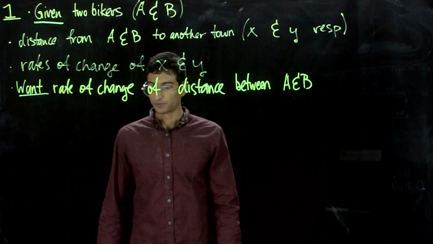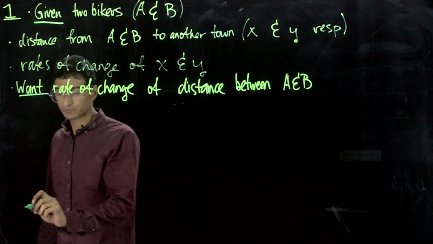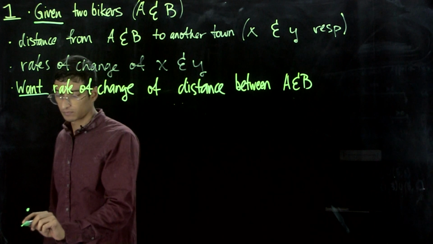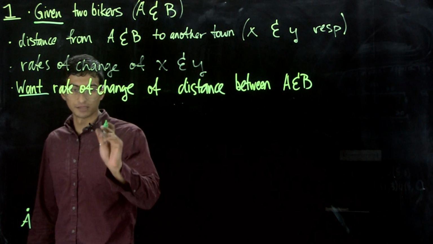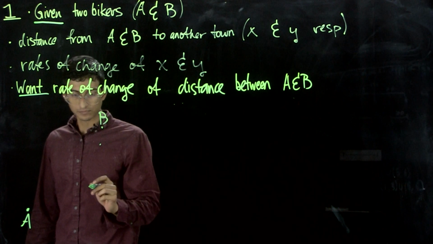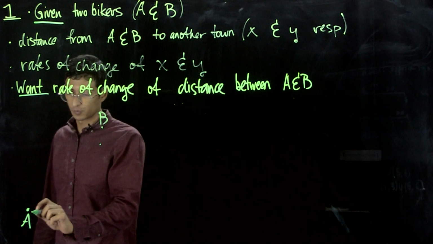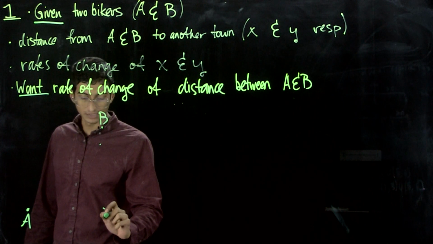Okay, so let me draw a picture of that. Two bikers, A and B. And we are given a distance from A and B to some town.